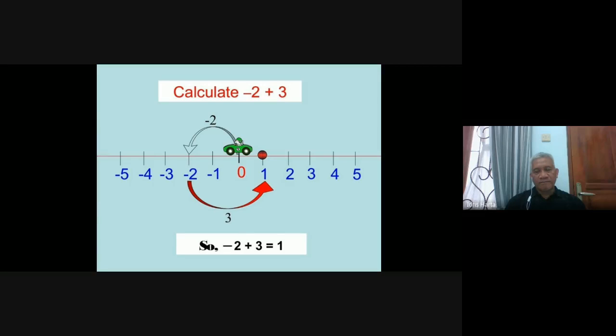Okay, from 0, we must go backward to negative 2, plus 3. So we must go forward 3 times. So negative 2 plus 3 equals 1.